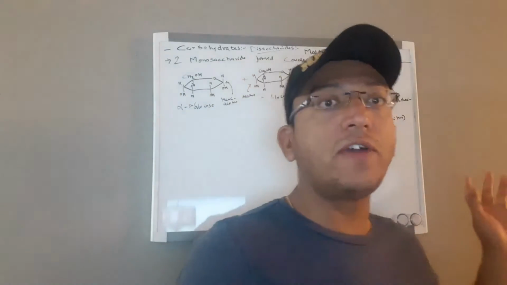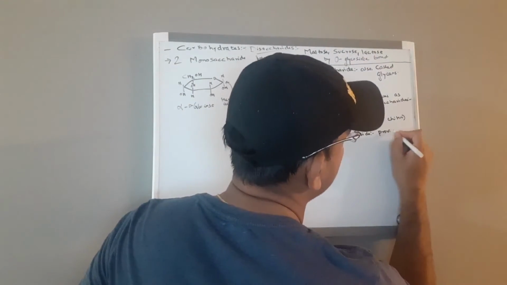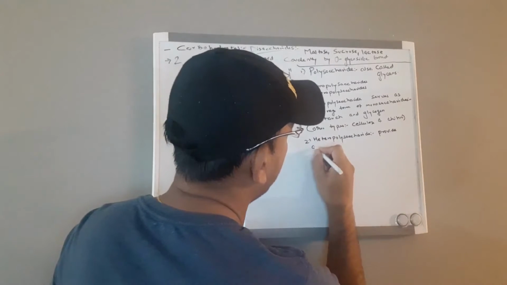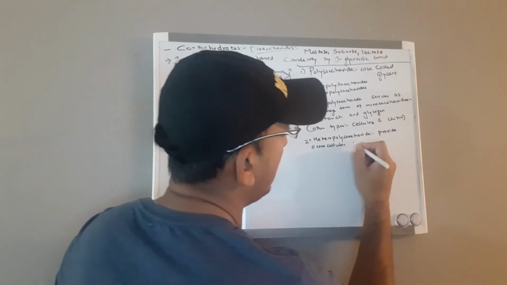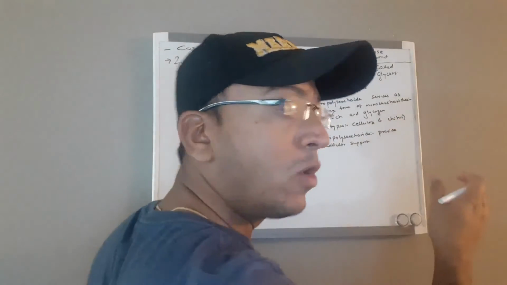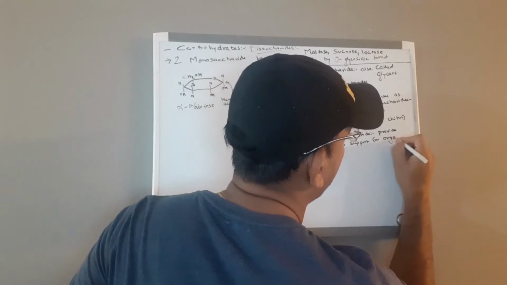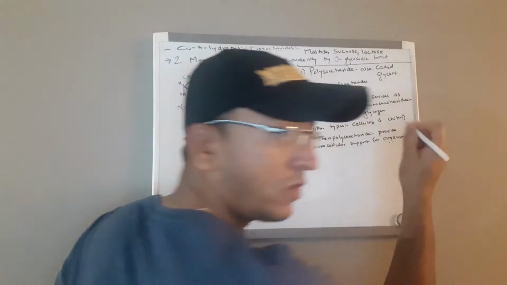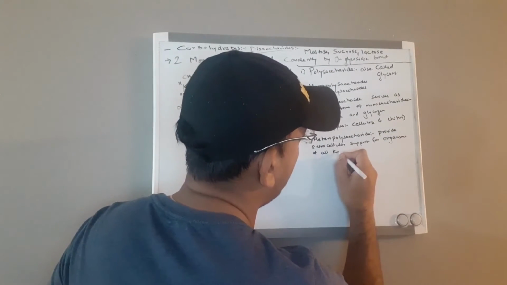So the function of heteropolysaccharide is that it provides extracellular support for the organisms of all the kingdoms.